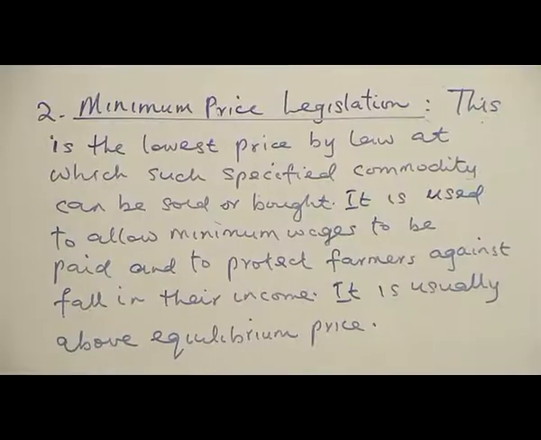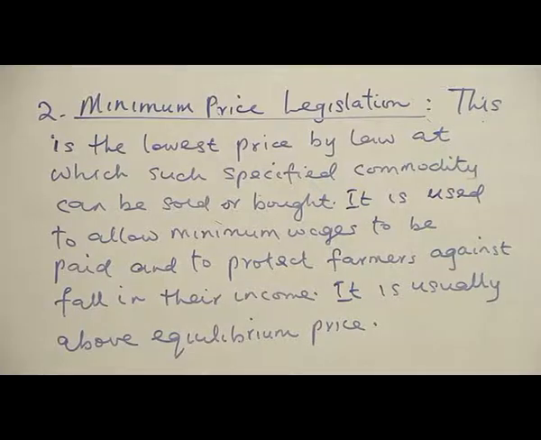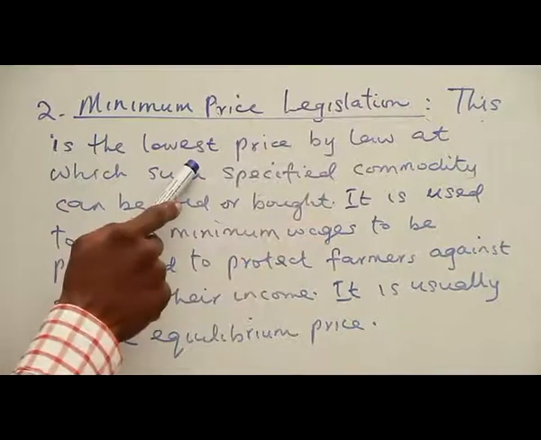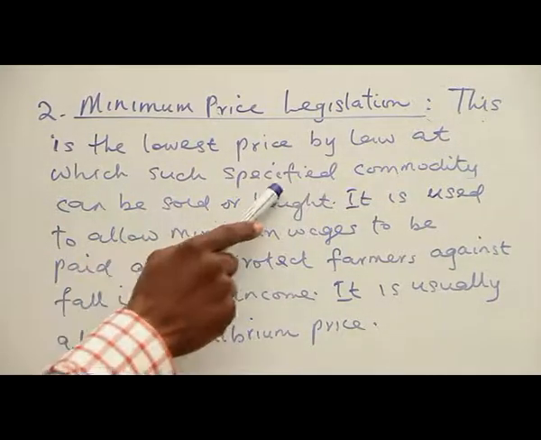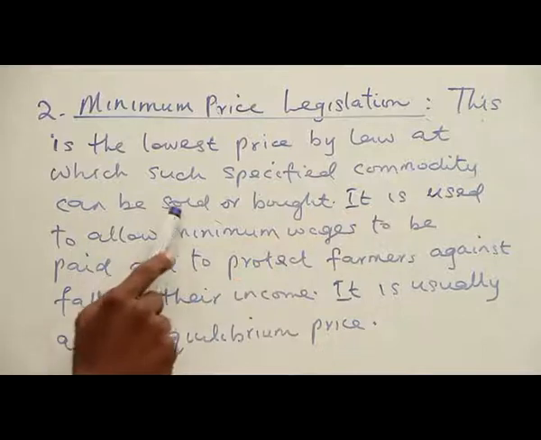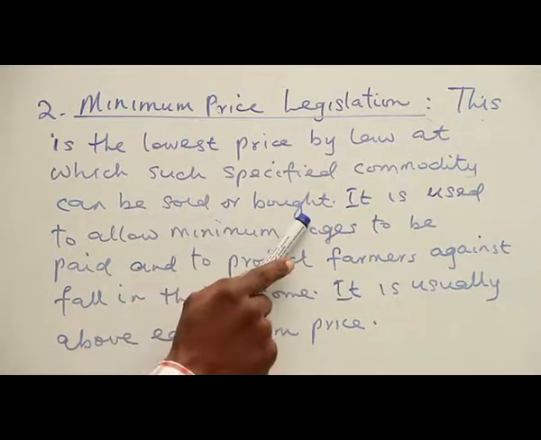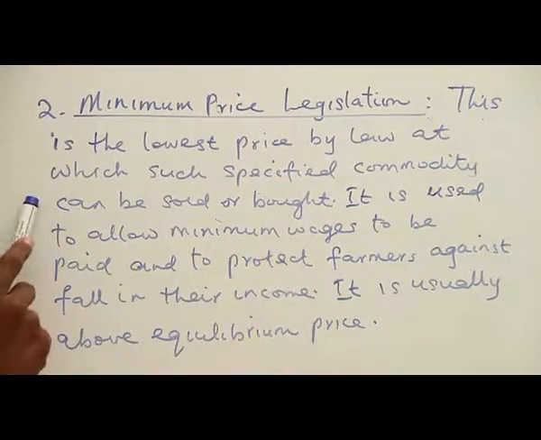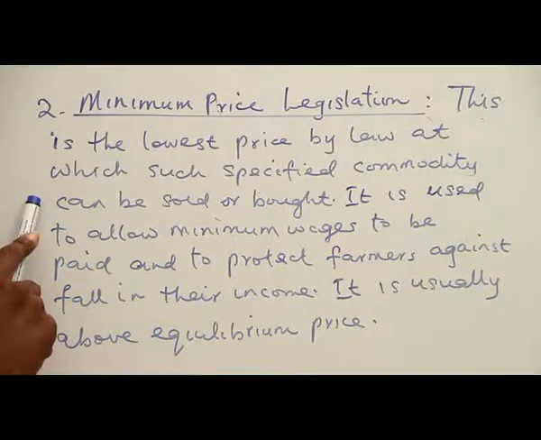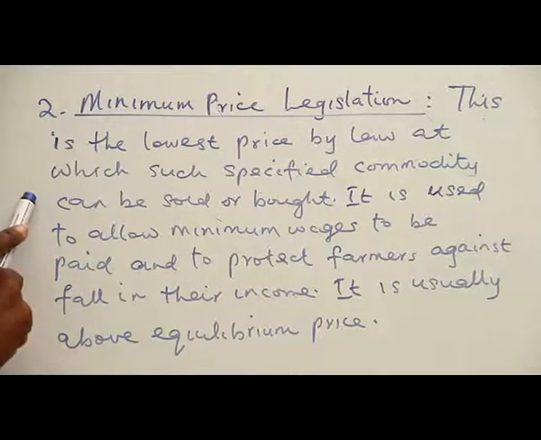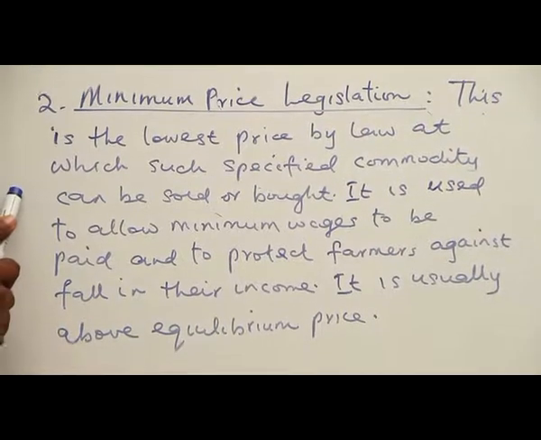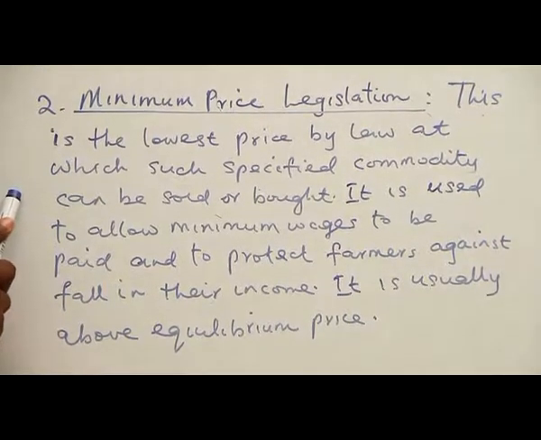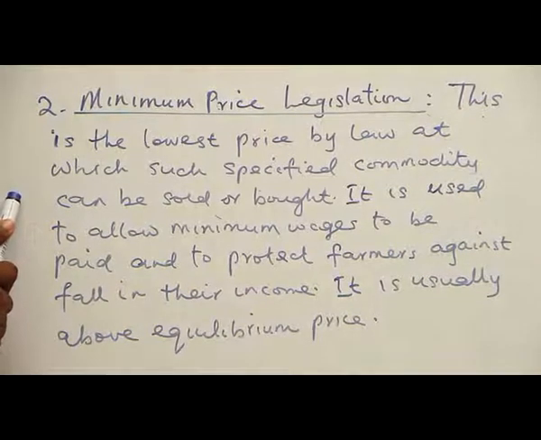The second one, minimum price legislation, which we can also call minimum price control. This is the lowest price by law at which a specified commodity can be sold or bought. So what we are saying here is that government can decide to put a price on a commodity or commodities that are essential in order to protect the farmers.